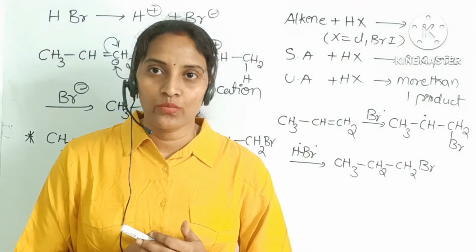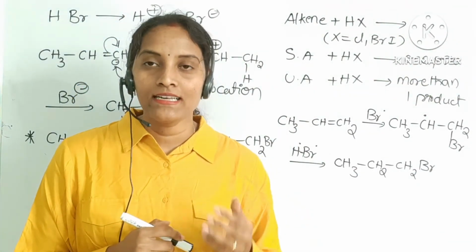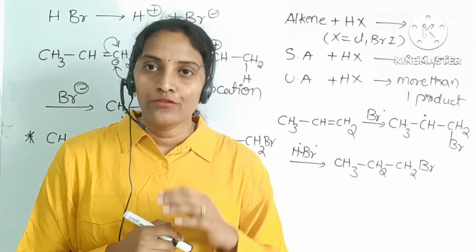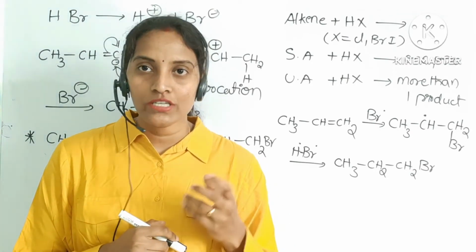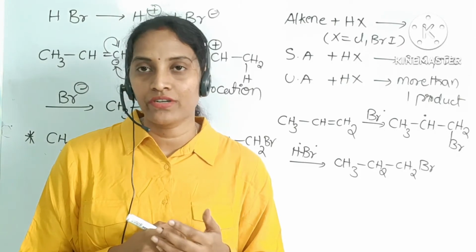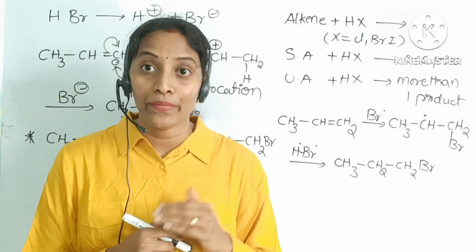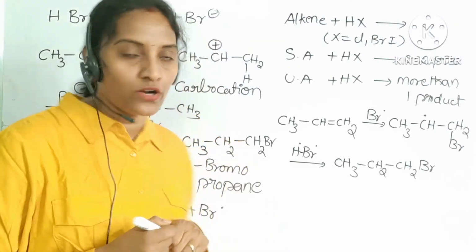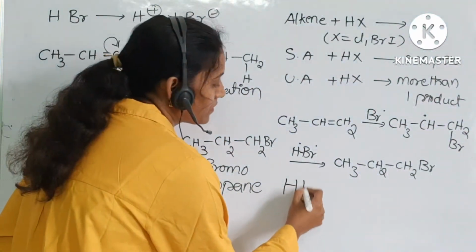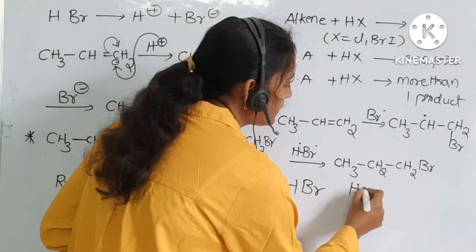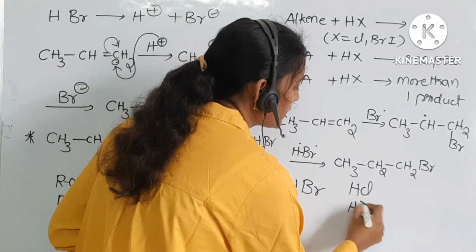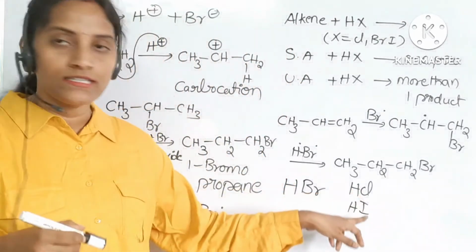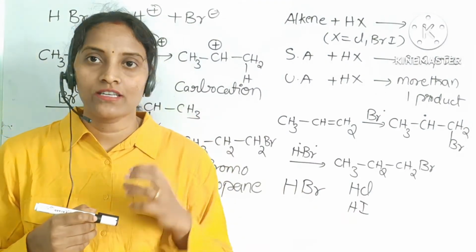One more important point: from HCl, HBr and HI, which one is going to show the peroxide effect, and which one is not going to show the peroxide effect? HBr shows the peroxide effect. That will not be shown by HCl and HI. What is the reason? In HCl, the bond strength is more.